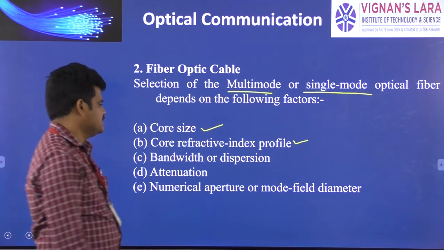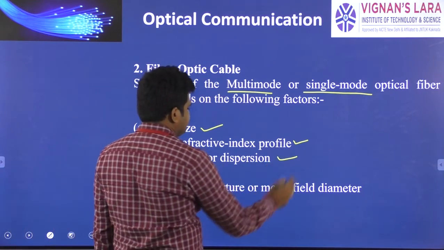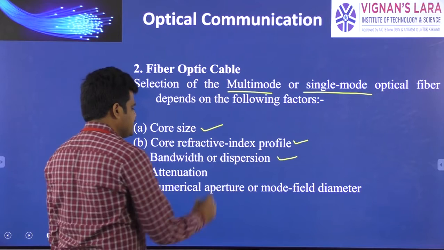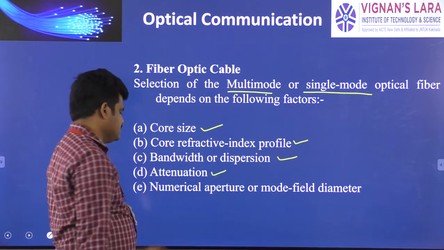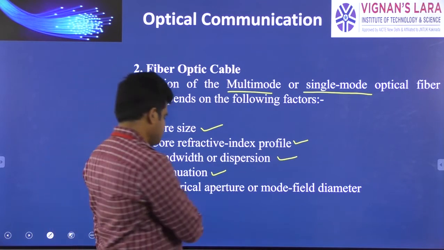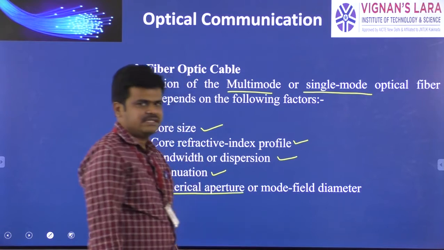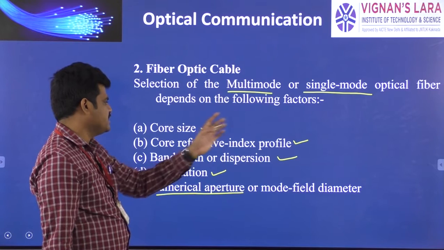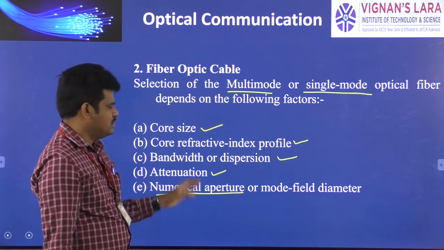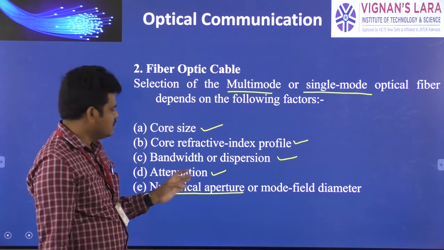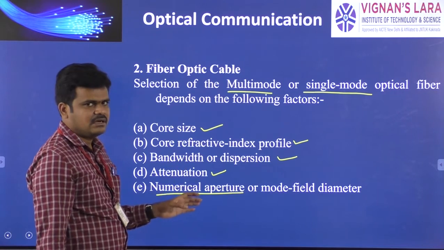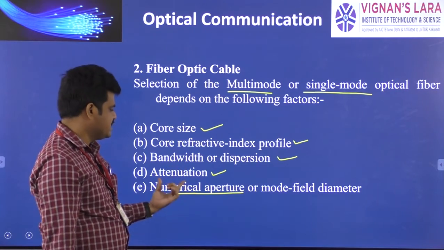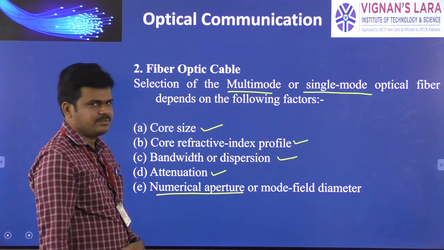The next one is dispersion or bandwidth. The next one is attenuation, and the next one is numerical aperture. So the fiber parameters are: size of the core, refractive index of the core, bandwidth or dispersion, attenuation and numerical aperture.